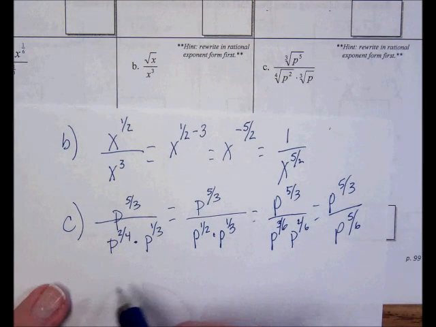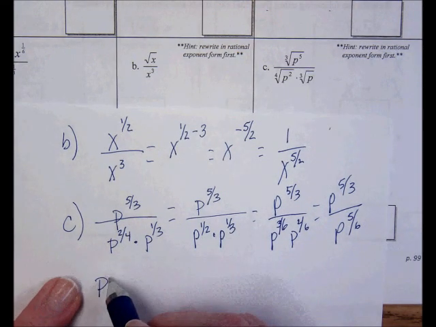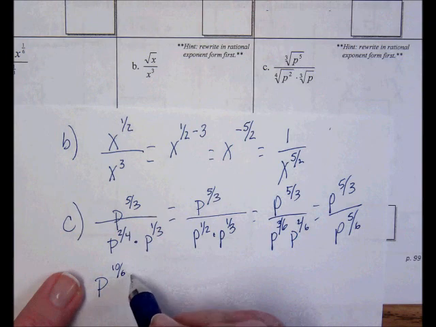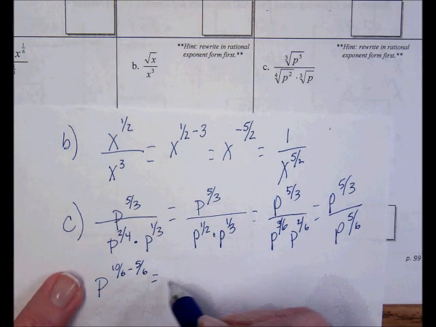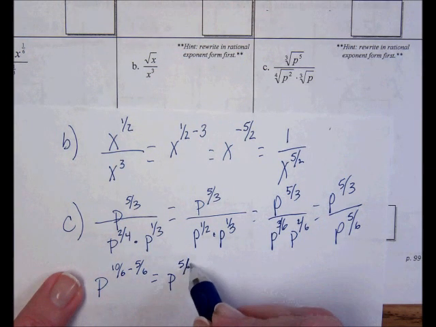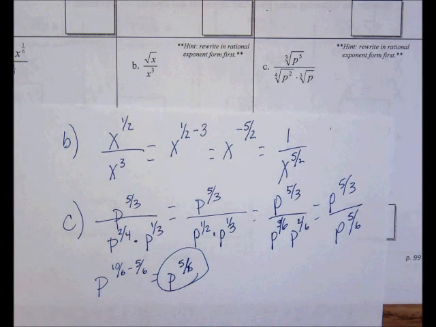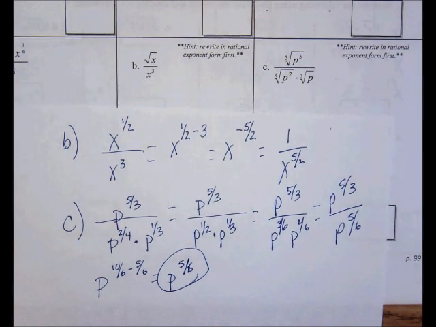And so when I simplify that, it's p to the 10/6 minus 5/6 is equal to p to the 5/6. And that would be my final answer. So hopefully that'll get you a little bit more acclimated to what we're doing here in class.